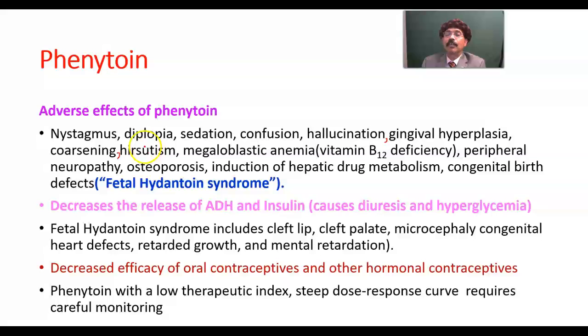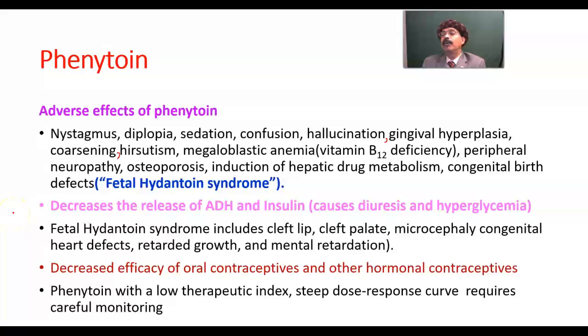Megaloblastic anemia due to vitamin B12 deficiency, because it competes with the factor which helps in vitamin B12 absorption. So phenytoin may cause megaloblastic anemia. Peripheral neuropathy, osteoporosis, induction of hepatic drug metabolism, and congenital birth defect.